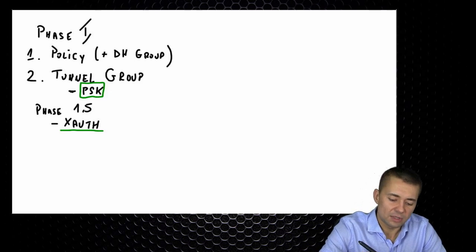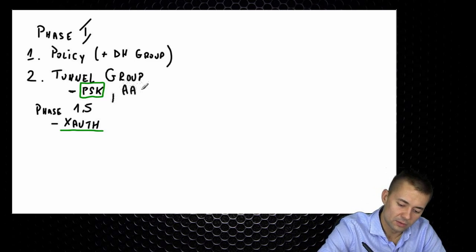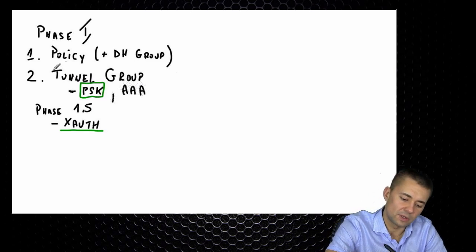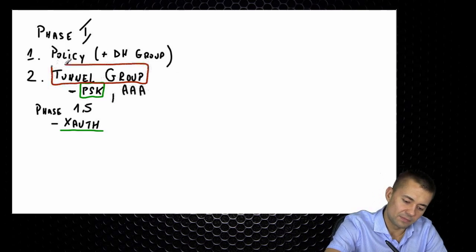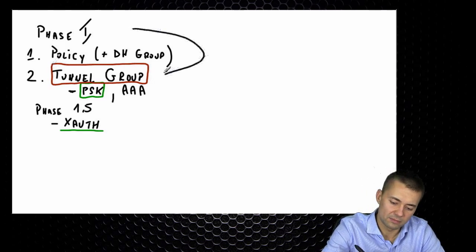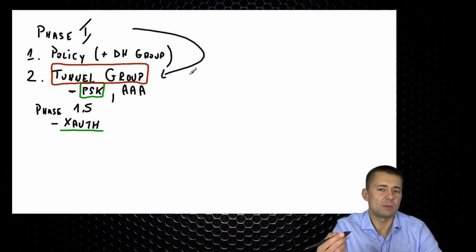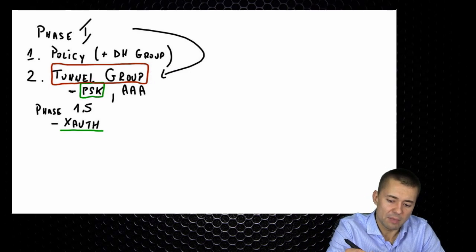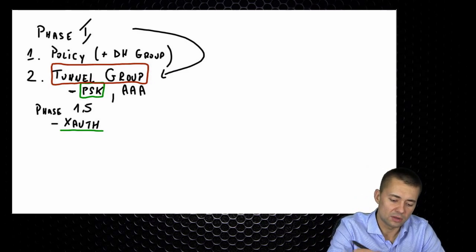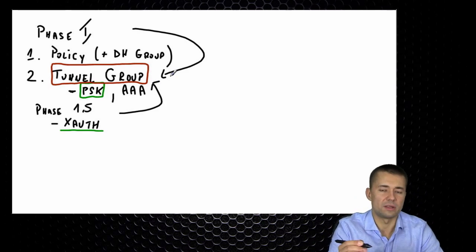So this element is also defined under a tunnel group, which means that the tunnel group is actually shared between the phases. So when you think about a tunnel group, remember that it is used in phase 1, but also in phase 1.5.